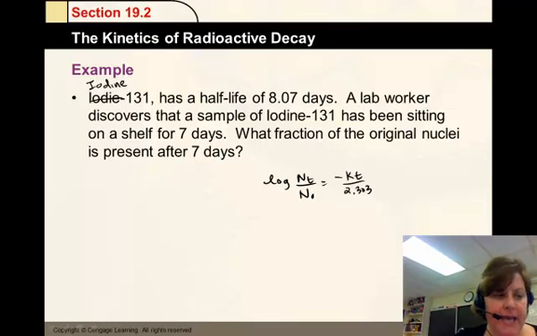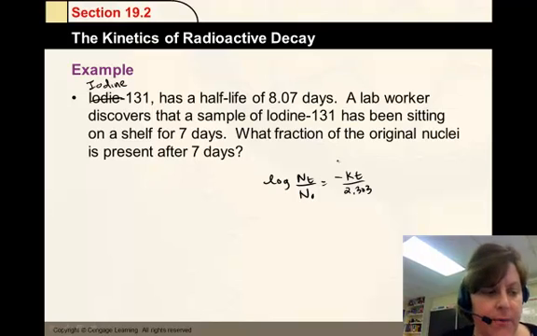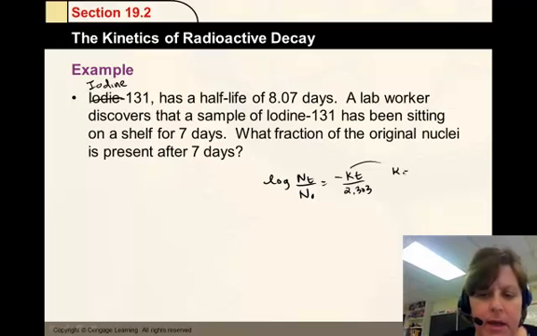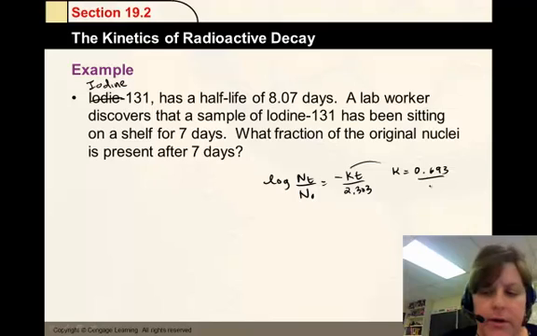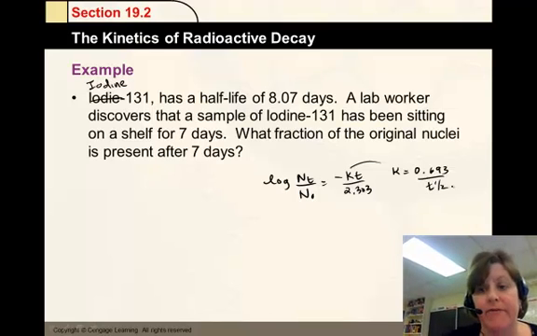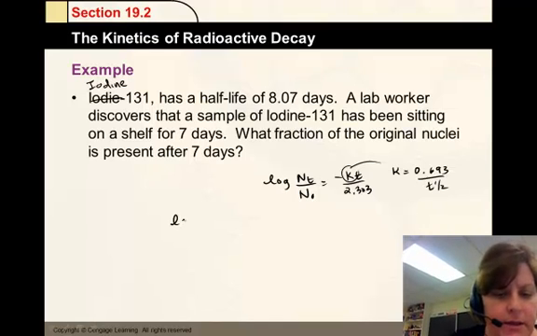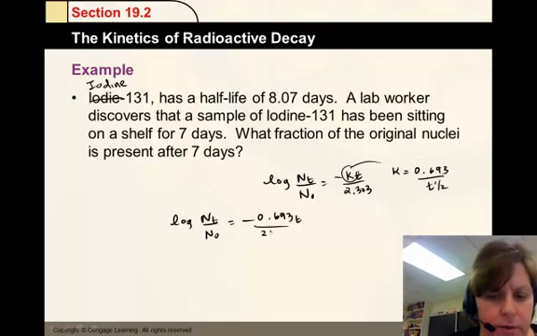We don't know k, but we can substitute k as 0.693 over t half. That's the half-life formula from earlier. So I can replace that, and I get log of Nt over N naught equals negative 0.693 t over 2.303 t half.